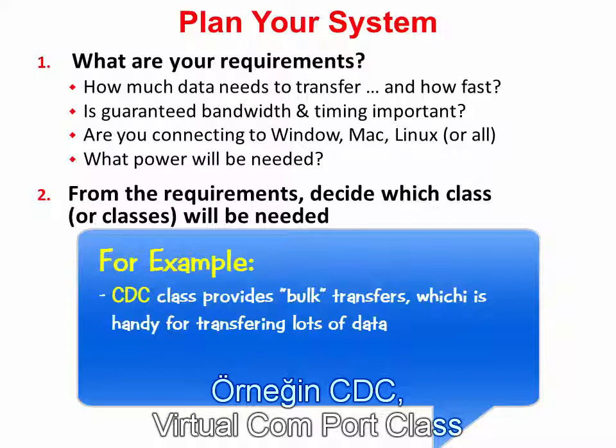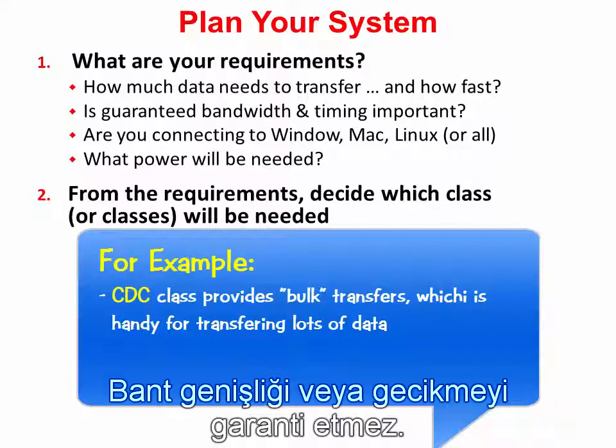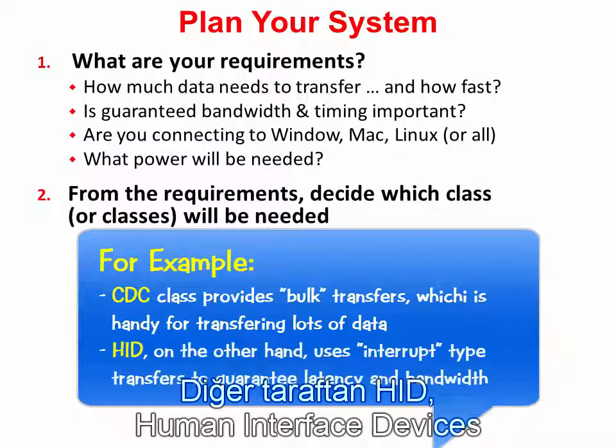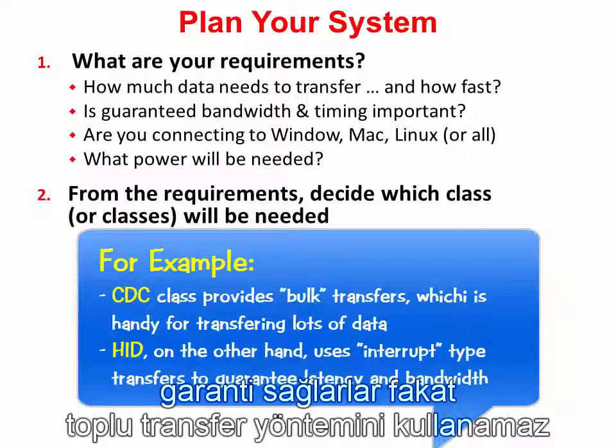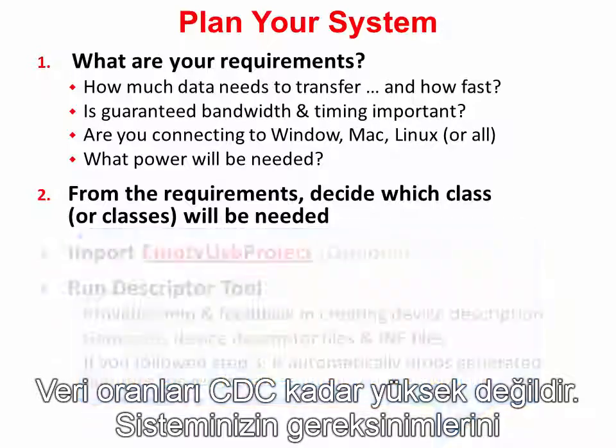For example, the CDC Virtual COM port class provides bulk USB transfers. These usually result in higher transfer bandwidth, but you don't get any guaranteed bandwidth or latency. On the other hand, the HID human interface devices provides guarantees, but doesn't utilize the bulk transfer method, so their data rates won't be as high as the CDC can achieve.